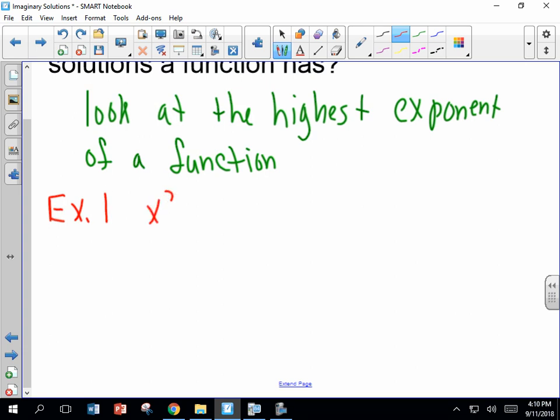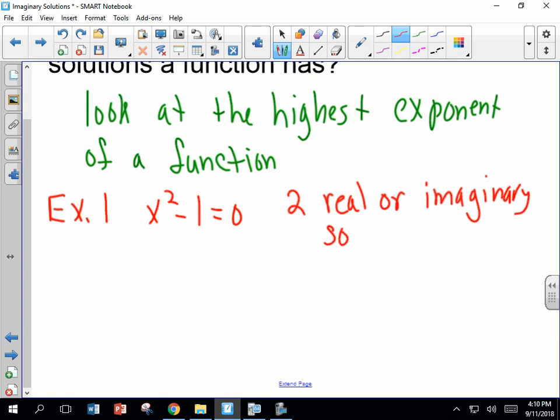If I have a function x squared minus 1 equals 0, I'm looking at the highest exponent here. That is 2. So that tells me I'm going to have 2 real or imaginary solutions.